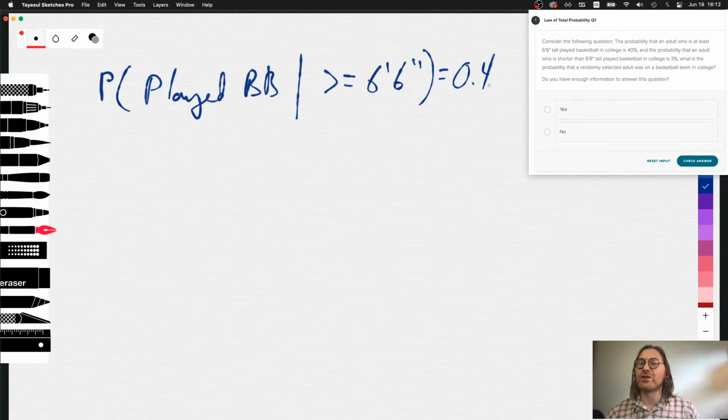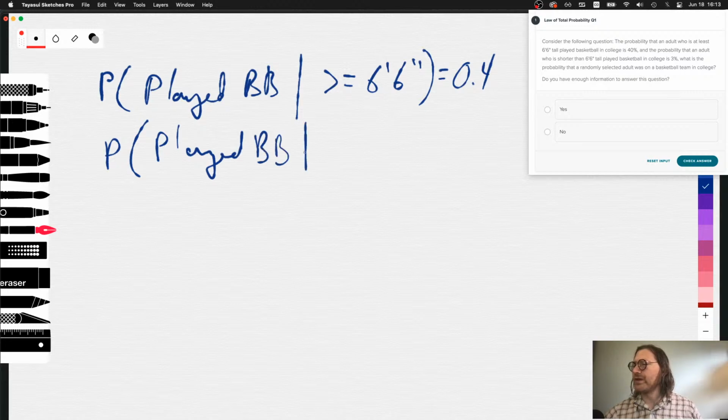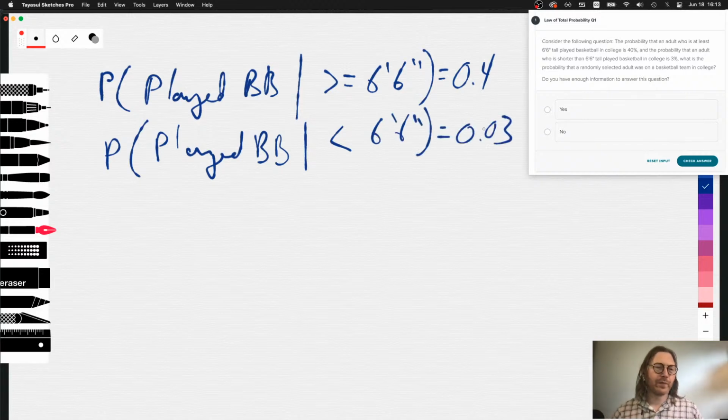The other piece of information that we're given is that the probability that an adult who is shorter than 6'6" played basketball in college is 3%. So the probability that they played basketball given shorter than 6'6" is 0.03. What we're being asked to calculate here is the probability that a randomly selected adult was on a basketball team in college.